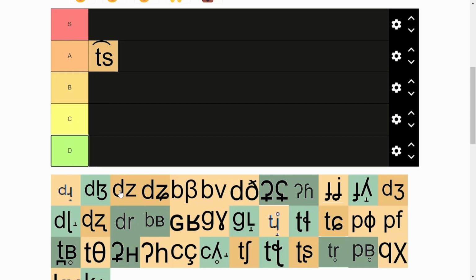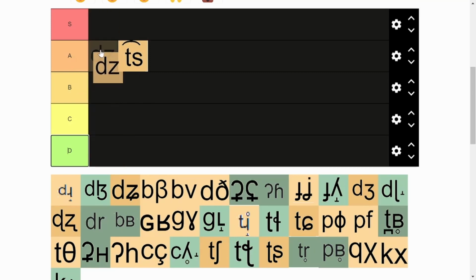I think that it sounds better than ts. But I will leave it up to you. I can agree that it's high A tier. Yeah, exactly, high A tier. It's not an S. We're not gonna have many sounds in S. But I can see it in A, high A, higher than ts.